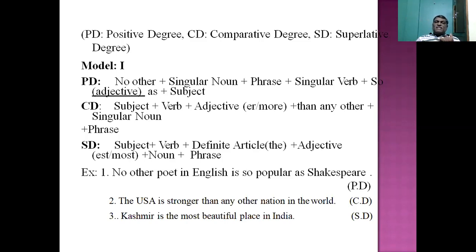So, the USA is the strongest nation in the world; the USA is stronger than any other nation in the world; no other nation in the world is so strong as the USA. You can just see, you will use "no other" in the positive, "any other" in the comparative, and in the superlative, you will be using "the most."